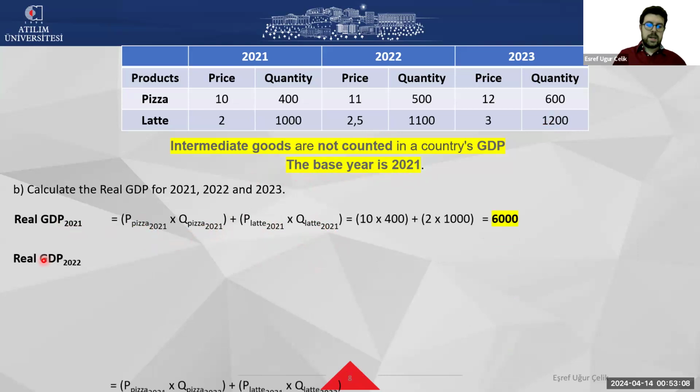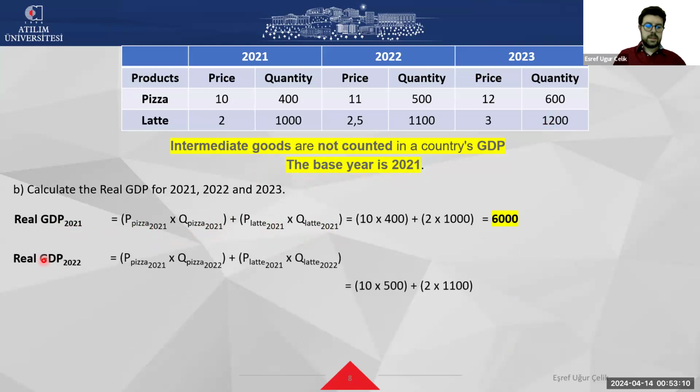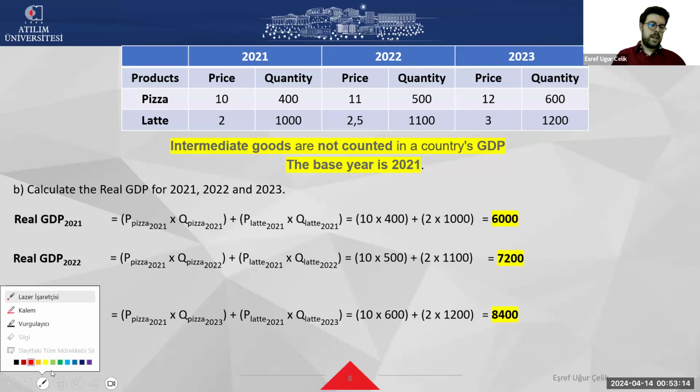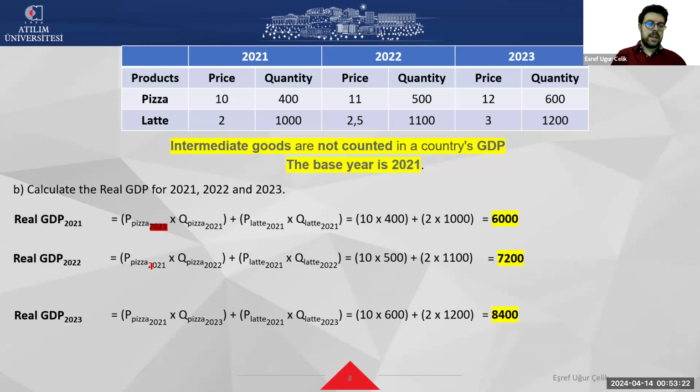Let's come to the other part. Here I take all the steps, then look at the differences to understand more easily. I said in the real GDP, we take the price of the base year.